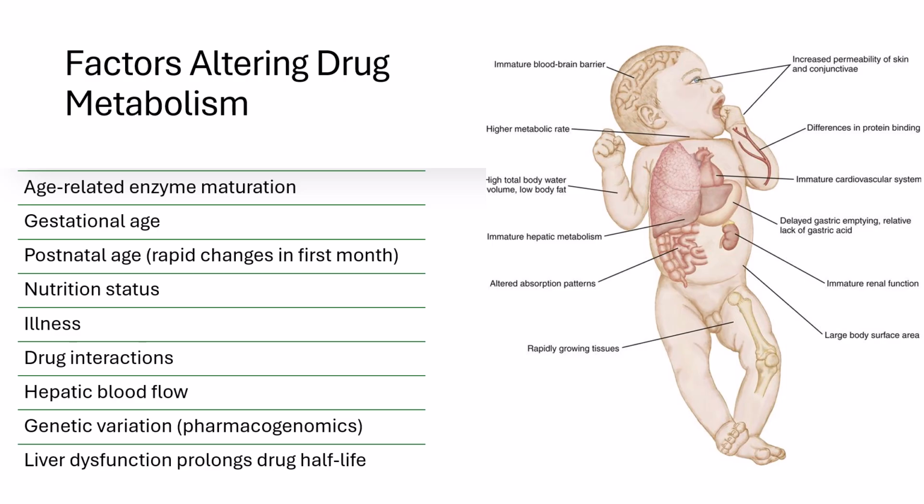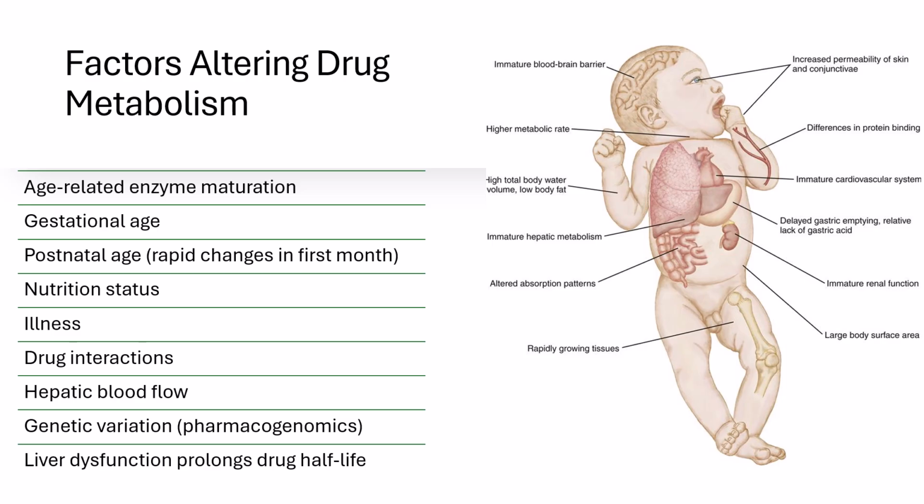Multiple factors can alter drug metabolism in neonates. Age-related enzyme maturation is crucial. Both gestational age and postnatal age matter. Enzyme systems develop rapidly in the first month of life, which means dosing may need adjustment as the infant matures. Nutrition status affects metabolic capacity. Illness, particularly liver disease, can profoundly impact metabolism.